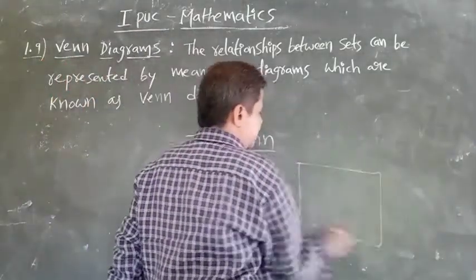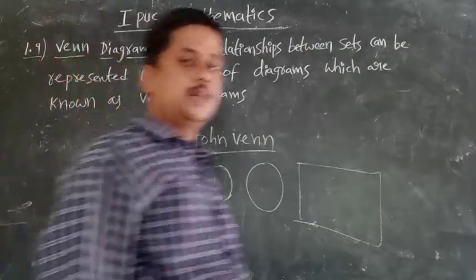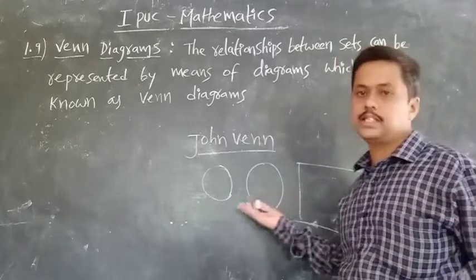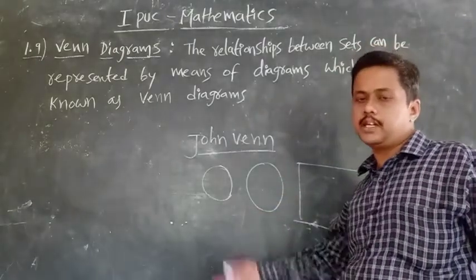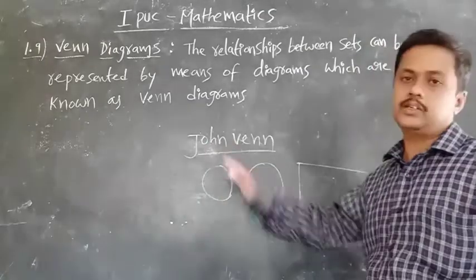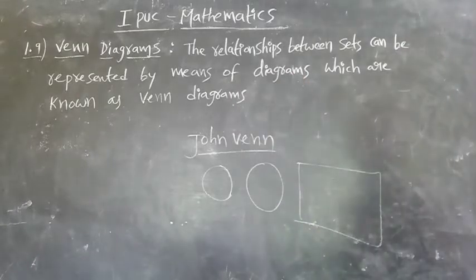These Venn diagrams consist of rectangles and closed curves. It may be a circle, it may be an oval, whatever it may be.